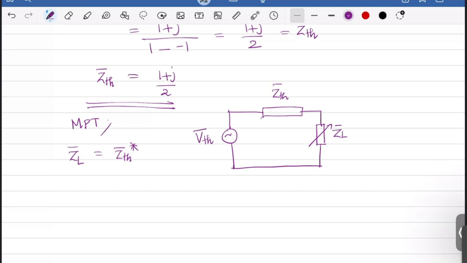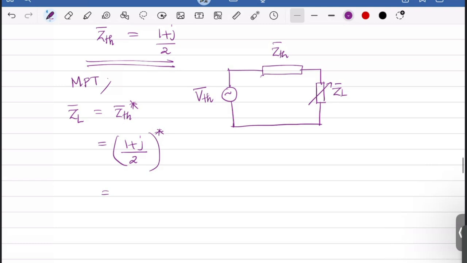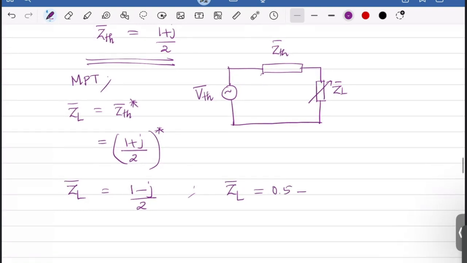You obtained your Z Thevenin as (1 plus j) by 2. The conjugate means just invert the polarity of its imaginary part, so it becomes (1 minus j) by 2. So the value of load impedance which will result in maximum power transfer is 0.5 minus j 0.5 ohms.